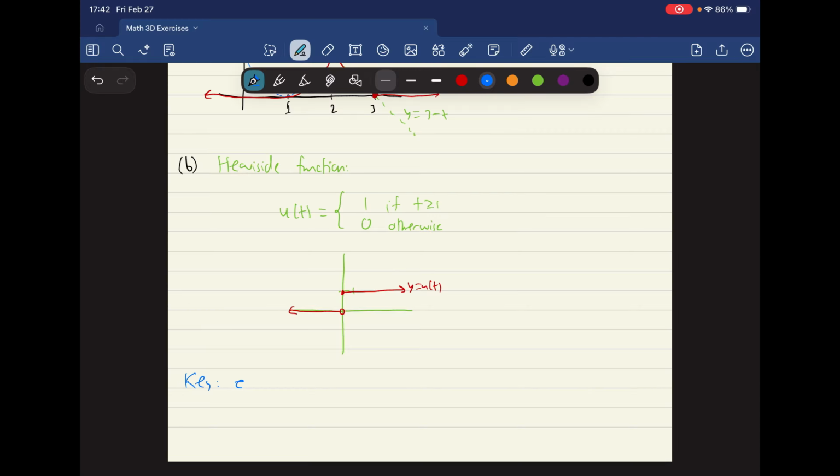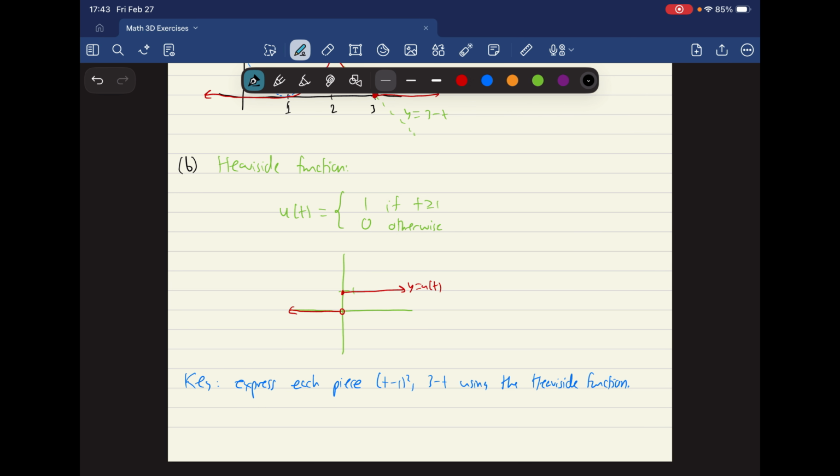The key is to express each piece, t minus 1 squared and 3 minus t, using the Heaviside function. We're going to see what I mean by this in just a moment.